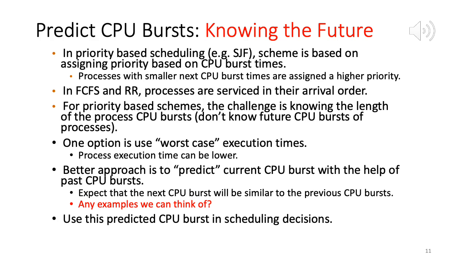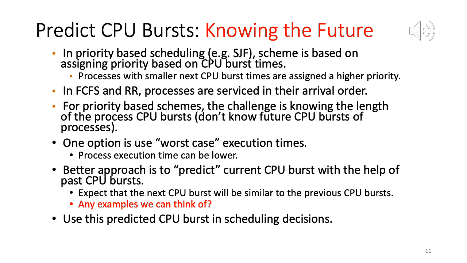So one option is we use worst case execution times. We say in the worst case, a process's execution cost is 10 units. So while we are provisioning, while we are scheduling, we reserve 10 units for that process. Now the process may in reality only take 8 or 9 or 6 or 7.